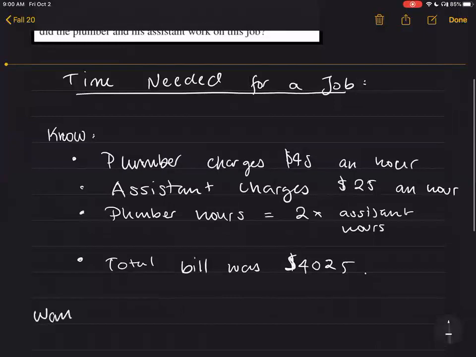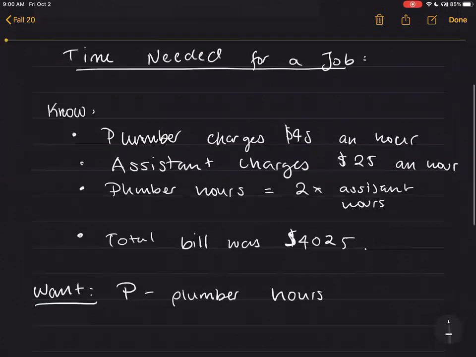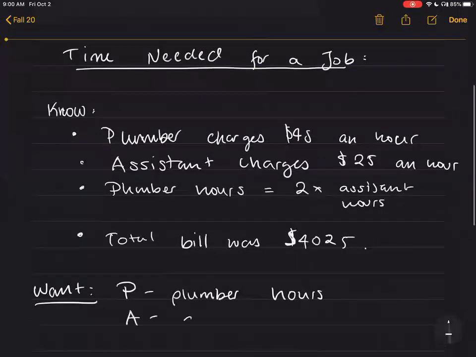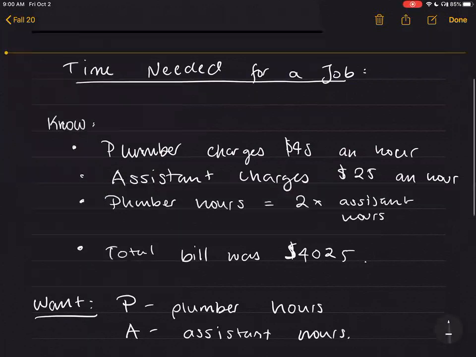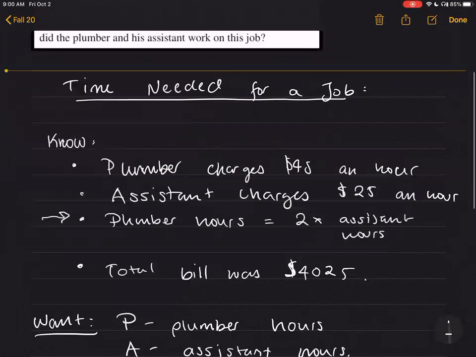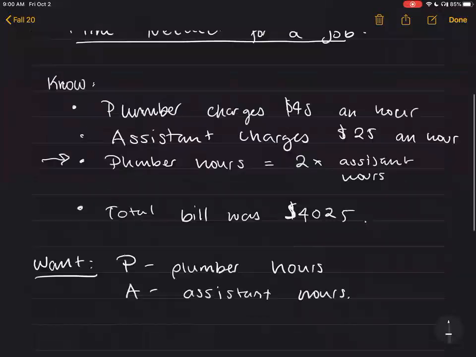We want plumber hours, so I'm going to denote that with P, and we also want A, assistant hours. This word problem is a little tricky in the sense that we're trying to find 2 different things, but luckily we know that they're very related. If we find one, we should be able to find the other pretty easily.